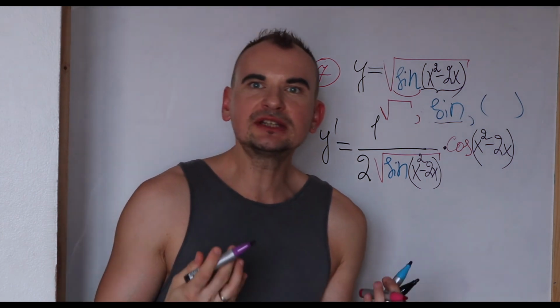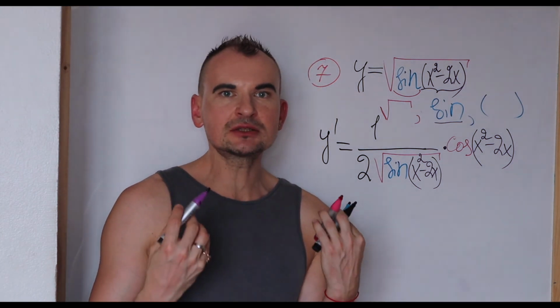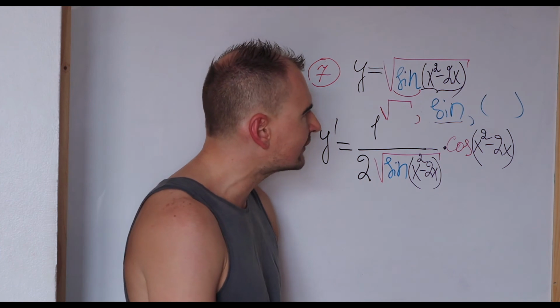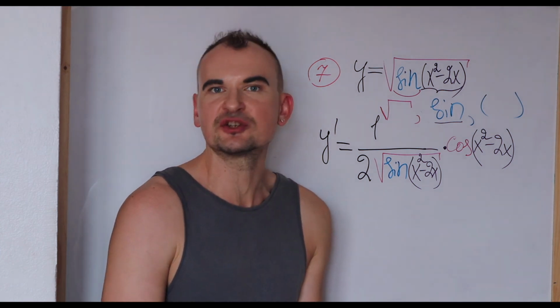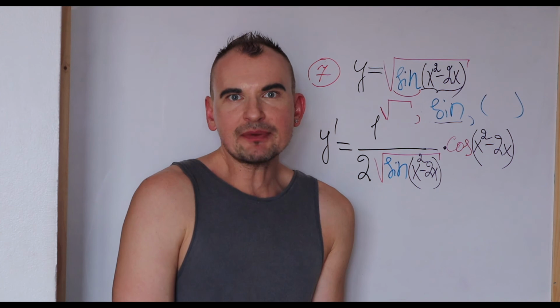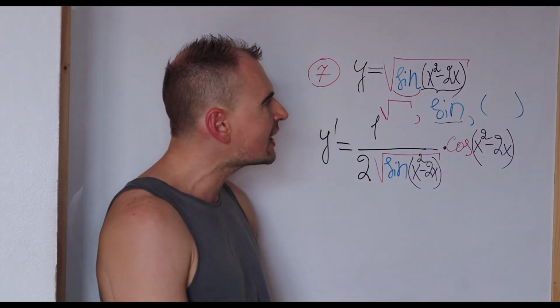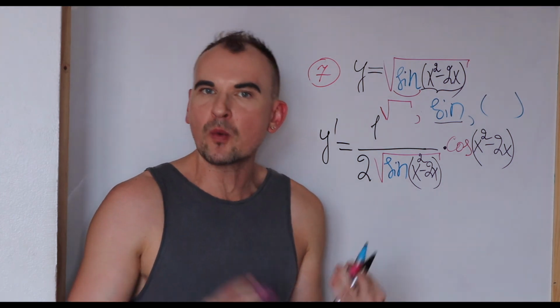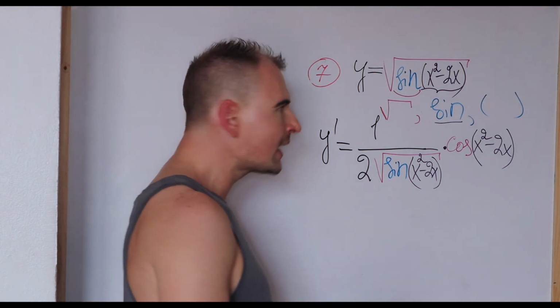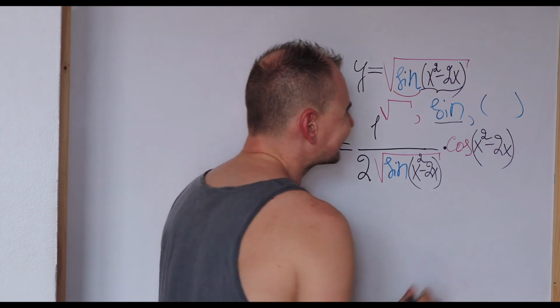And again, we are not done yet. We need to take the derivative of x squared minus 2x, and this is just an algebraic expression. And I believe it's going to be just a piece of cake. The derivative of x squared minus 2x, by the power rule and the constant multiple rule, if you will, is just 2x minus 2.